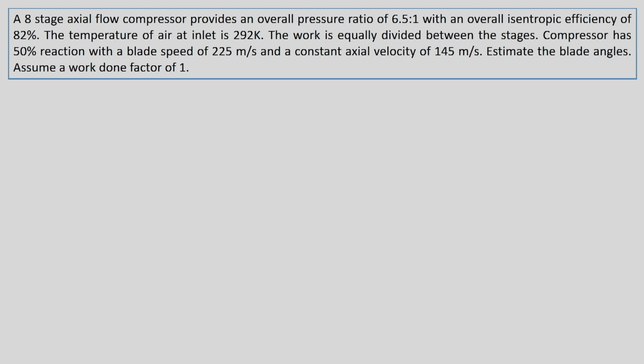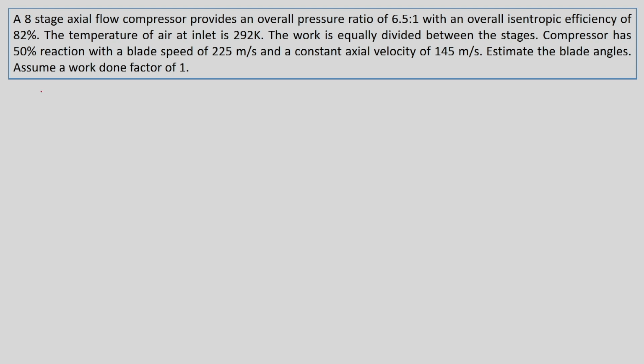The work is equally divided between all the stages. The compressor has 50% reaction with a blade speed of 225 meter per second and constant axial velocity of 145 meter per second. Estimate the blade angles. Assume work done factor to be 1.